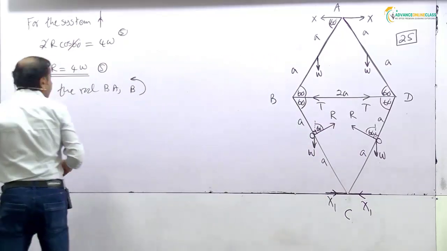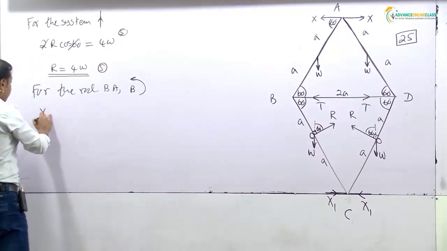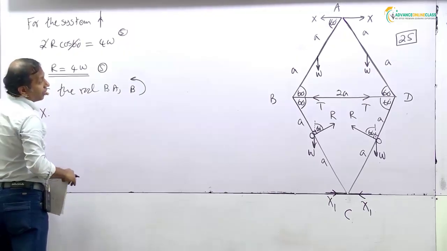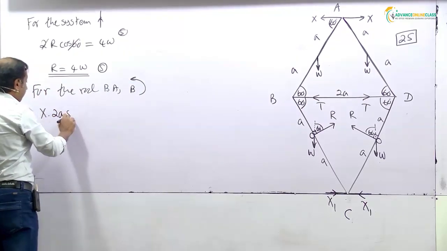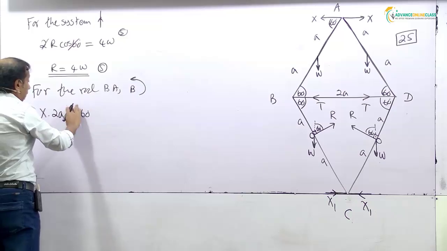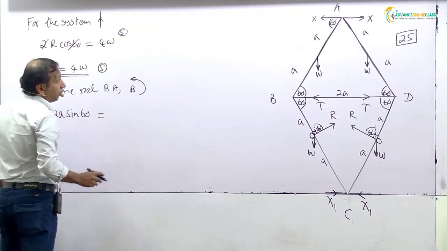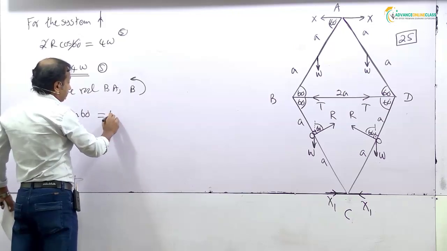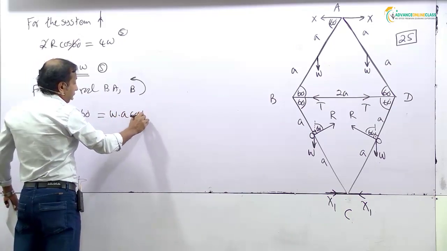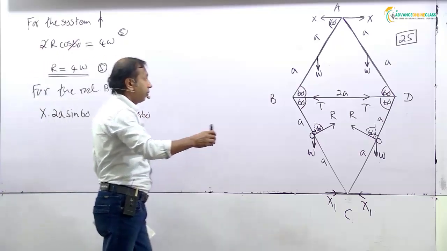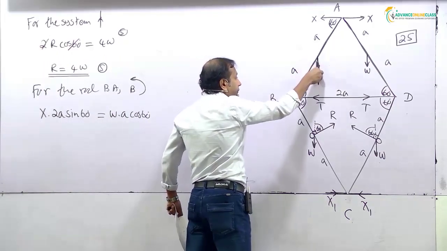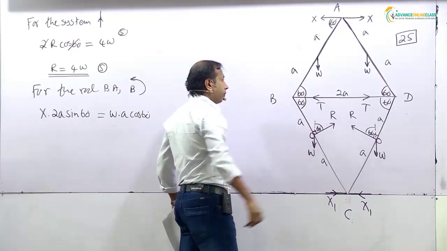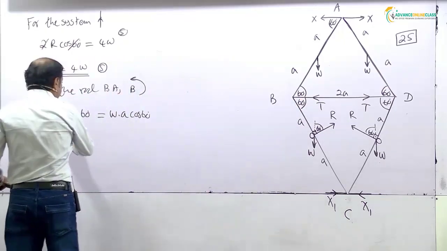X into 2A sine 60, W into A cos 60, correct?